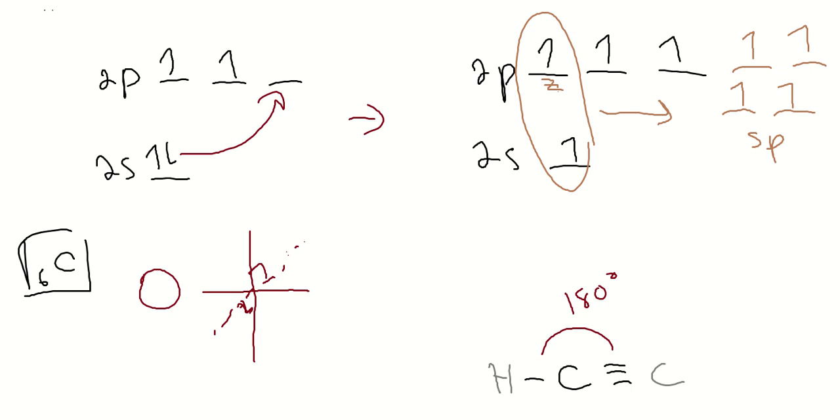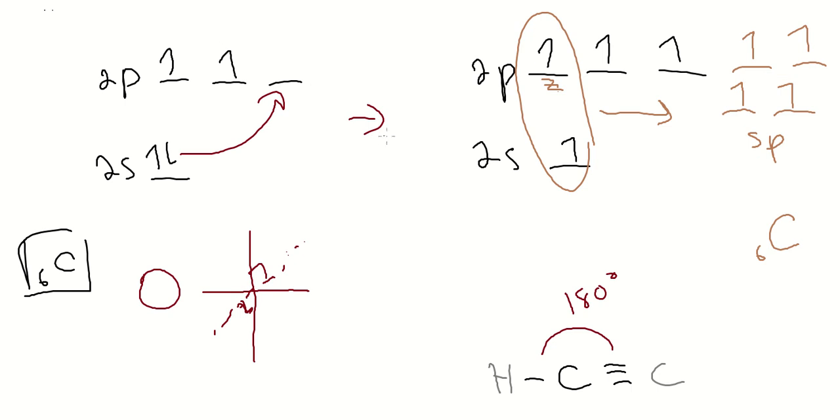All right, so here's what it looks like. Here's our new hybridized carbon. It has undergone mixing of one of the valence s electrons and one of the electrons in the 2pz orbital. Again, now we have two equivalent hybrid orbitals. Now we can separate these 180 degrees from each other.